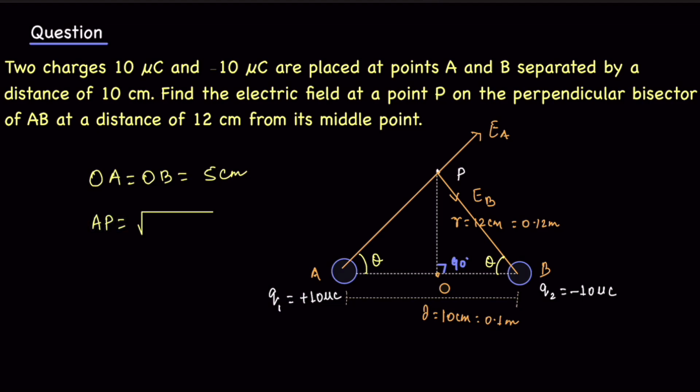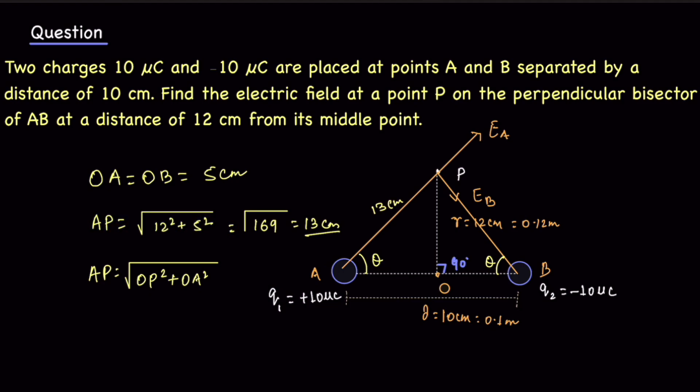AP is equal to root of OP square plus OA square, so 12 square plus 5 square, which is 169, so it is 13 centimeter. So we get the value of AP as 13 centimeter. BP is also 13 centimeter because both the magnitudes are the same.